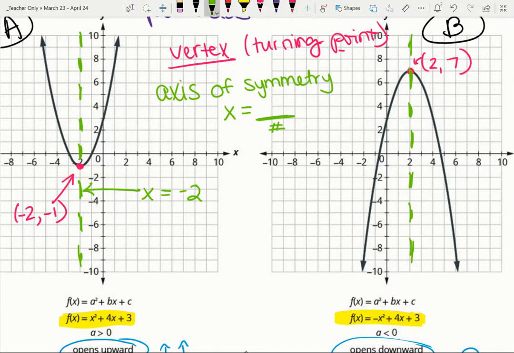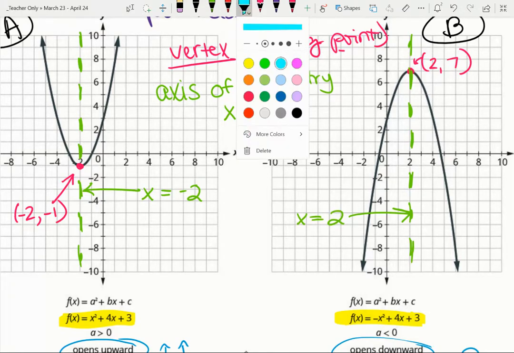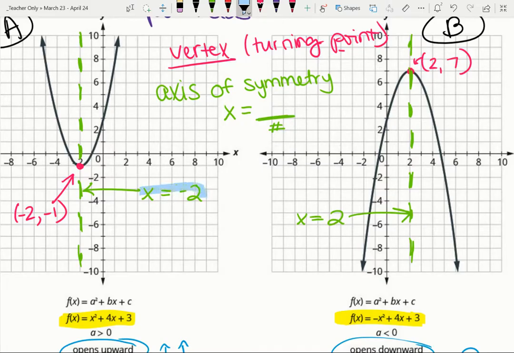And for graph B, that axis of symmetry is going to be x equals 2. And you might notice that the axis of symmetry and the vertex x-values, -2 and 2, always match up perfectly. So we've got the vertex, we've got the axis of symmetry. Those features are pretty unique to parabolas.